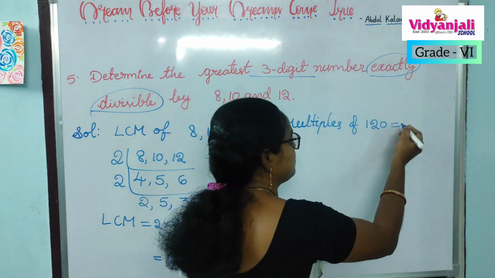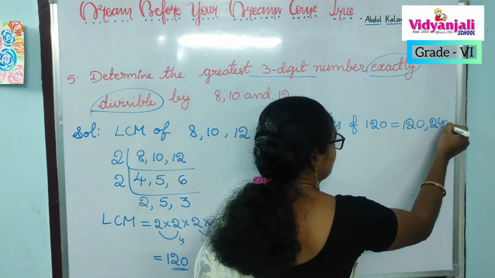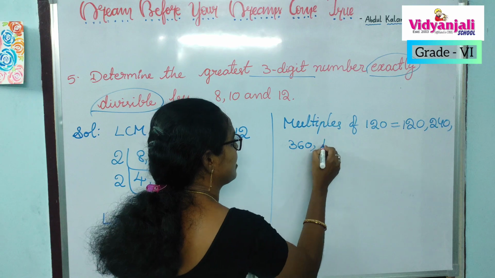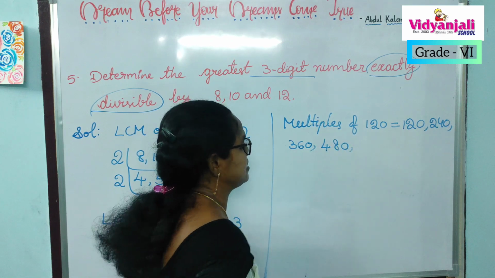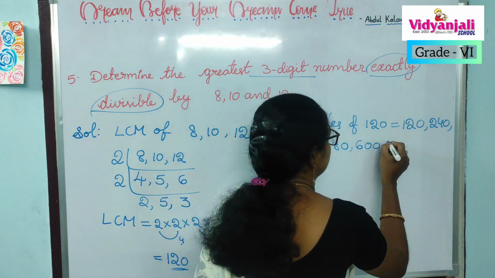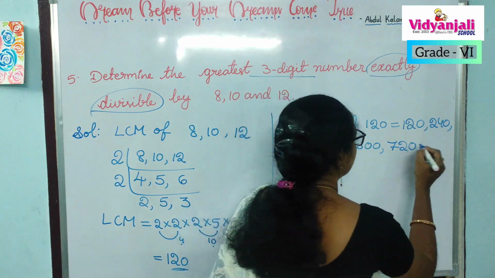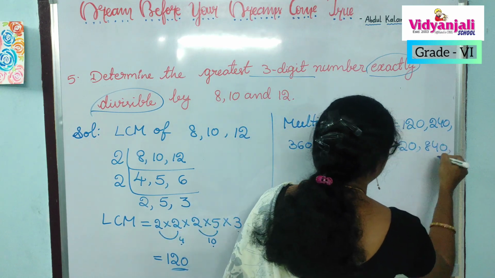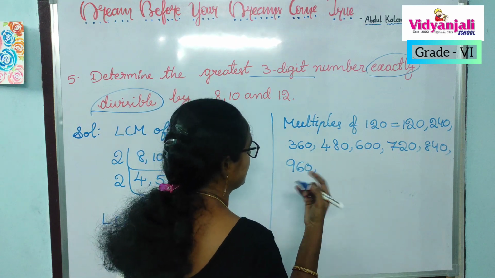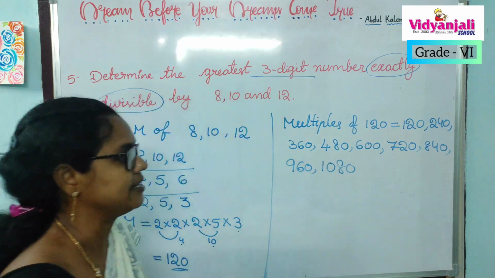Let's write multiples of 12. 12 ones are 12, 12 twos are 24, 12 threes 36 after 0, 12 fours 48 after 0, 12 fives 60 after 0, 12 sixes 72 after 0, 12 sevens 84 after 0, 12 eights 960 and 12 tens are 1080.